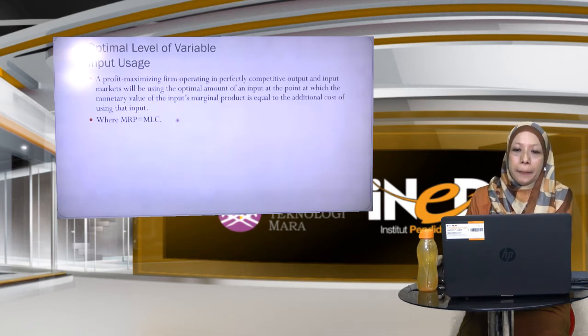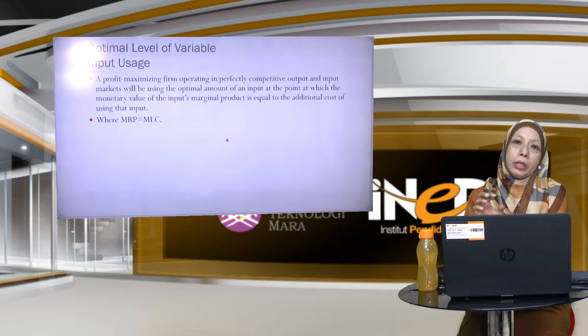So when we talk about the optimal level of variable input usage, remember that we are assuming that the firm is operating in a perfectly competitive market. To identify the optimal number of labor, they will produce at the point whereby marginal revenue product equals marginal labor cost, or marginal resource cost.